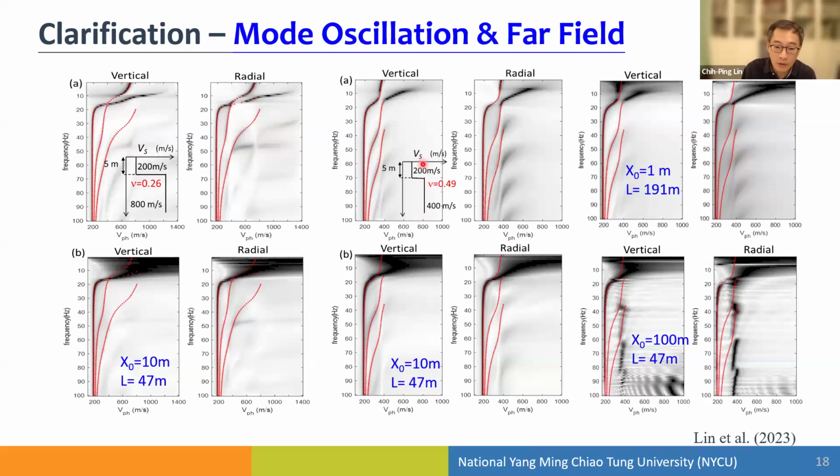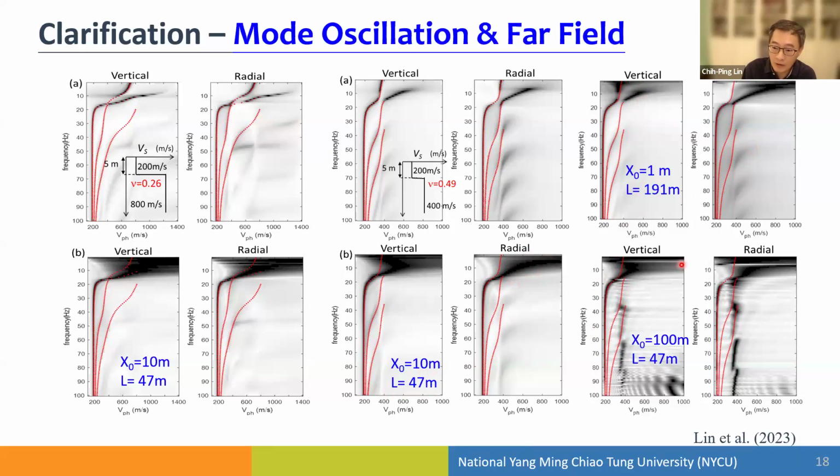And when you have a velocity contrast, even if it's not so high, but you have a high Poisson ratio, this phase-guided wave can appear. And in the experimental dispersion curve, you can also see this mode kissing and interpret it as a single fundamental mode. In the far field, the dispersion spectrum depends on the resolution of your receiver array. If your receiver array is long, you get a higher resolution, but if you have a shorter array, the spatial resolution is not so high.